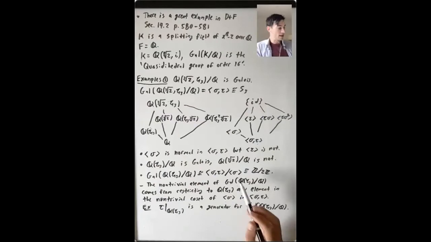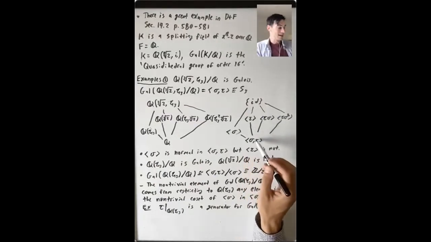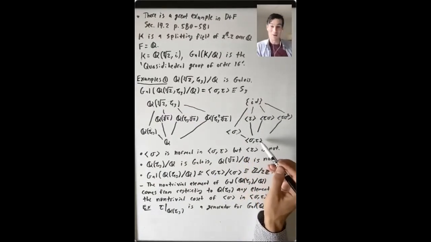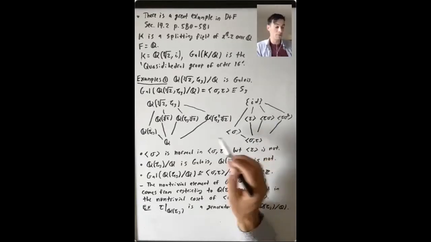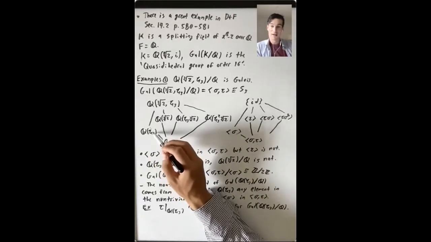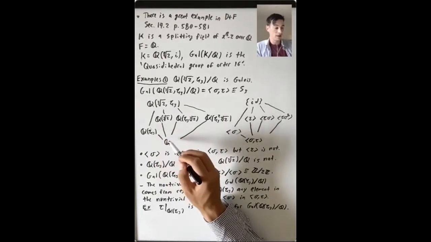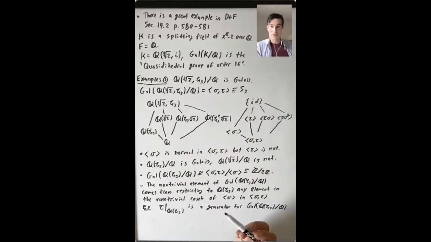So we need to find some element in this big Galois group G that's not in this subgroup H. And we just take that element and restrict it to this field. And that gives an automorphism of this field fixing Q. OK, so one natural choice is to just pick tau and restrict that to Q adjoins zeta 3. And this is a generator for the Galois group of Q adjoins zeta 3 over Q.